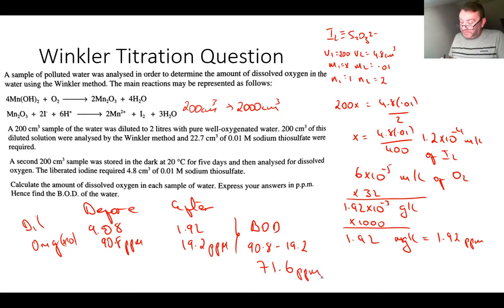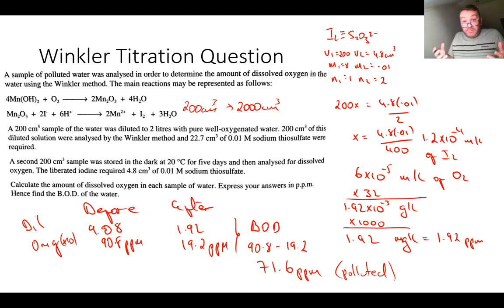Quite high, because if you think about it, in the original sample there was 90.8. There's been a demand for well over half of that oxygen, leaving us with only 19.2 parts per million after 5 days. Therefore, my conclusion would simply be the water is polluted. And we can tell that by the demand, the biochemical demand for the oxygen content in that body of water.